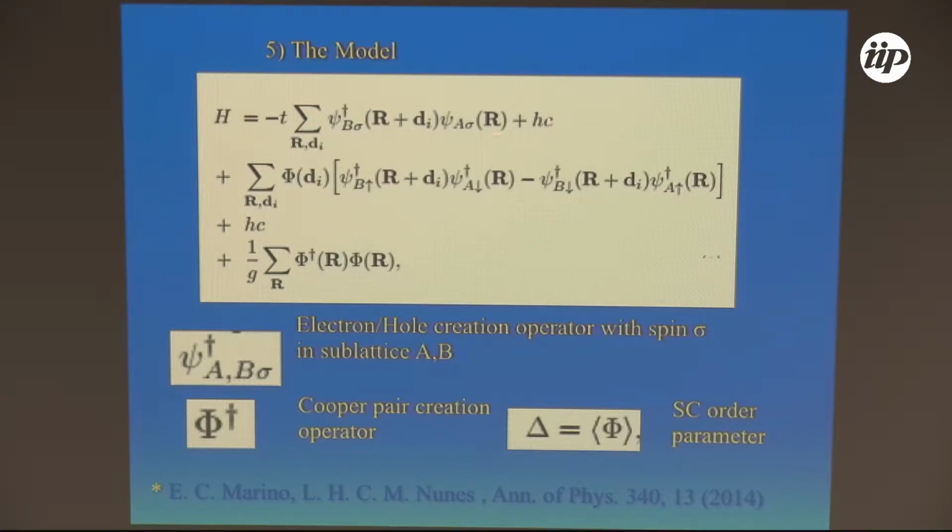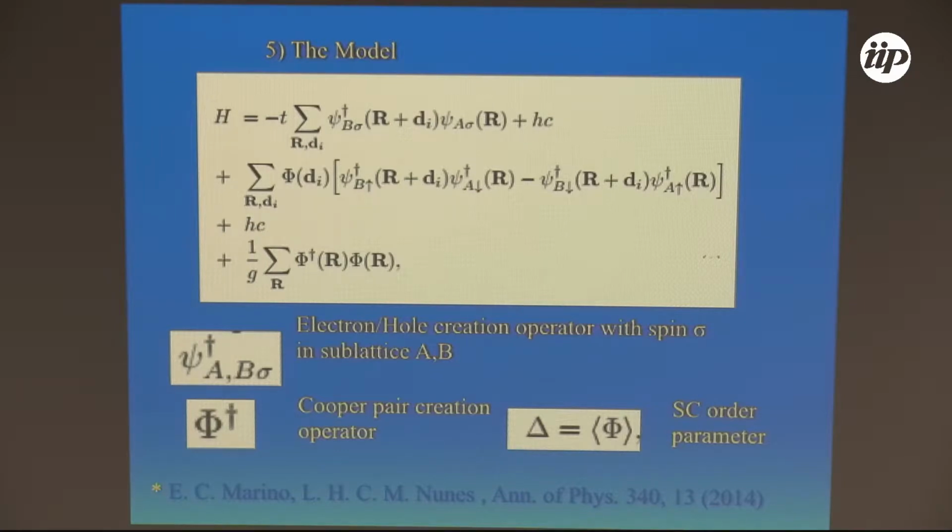So this is the kinematical part. And then we have the dynamical part, which is a BCS-like theory. You see, phi you can take as a Hubbard-Stratonovich field. If you integrate over phi, we get a quartic BCS-like interaction.